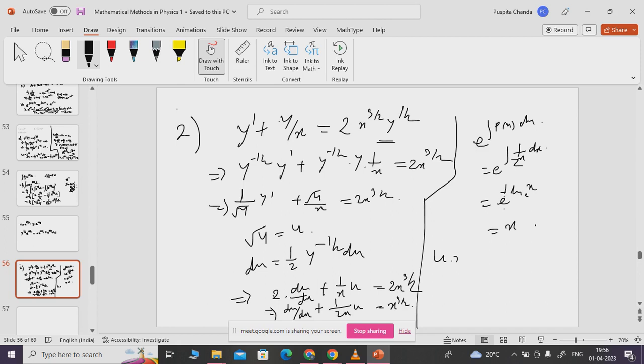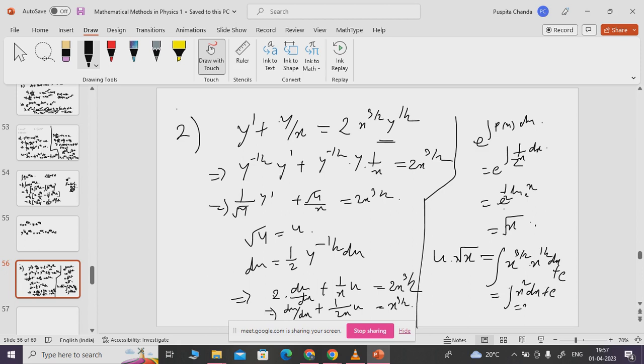Okay, we need to divide the equation by 2. It is du by dx plus 1 by 2x u equals x cubed by 2. So here is the 2, so half of that, so it will be root x, because half follows the logarithmic rule.